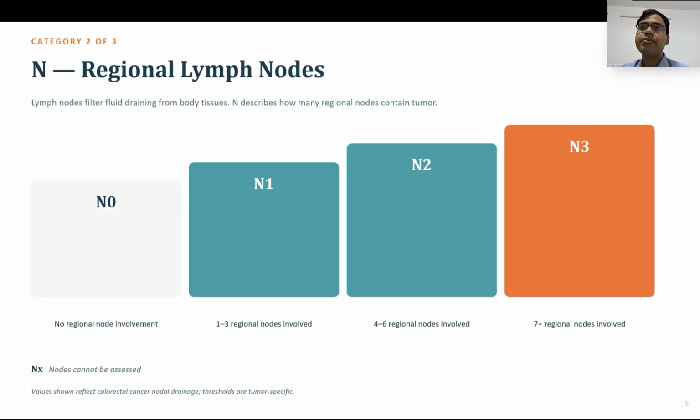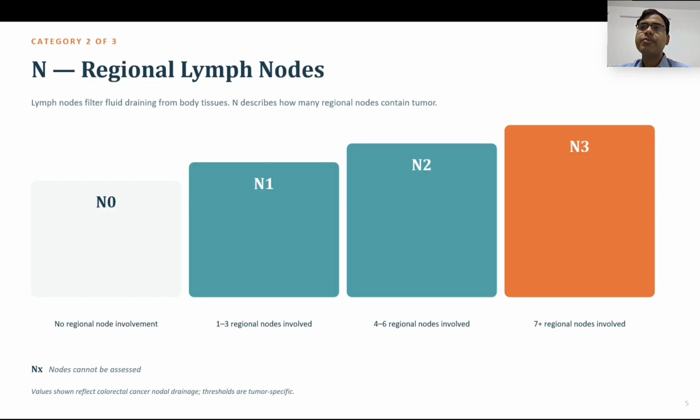So what are these? These are N0, N1, N2, and N3. You must understand that in N0, cancer has not yet moved into the draining lymph nodes. N1 is up to 3 nodes, N2 is 4 to 6, and more than 7 we call N3. Again, this description is for colon cancer. Let's talk about head and neck cancers.